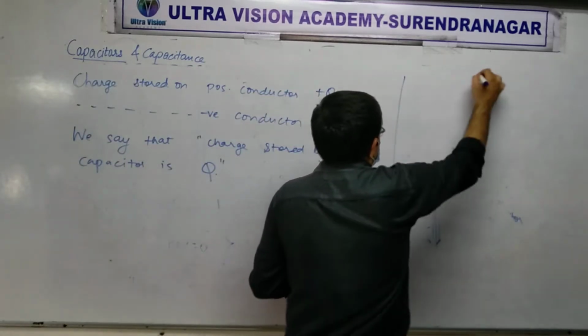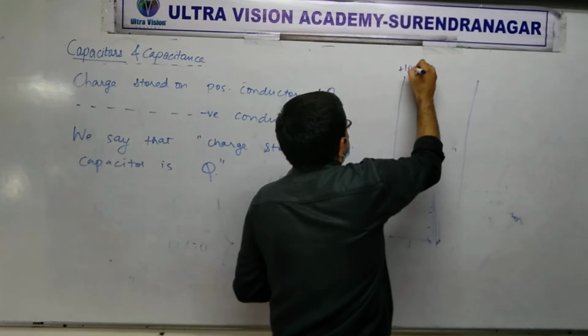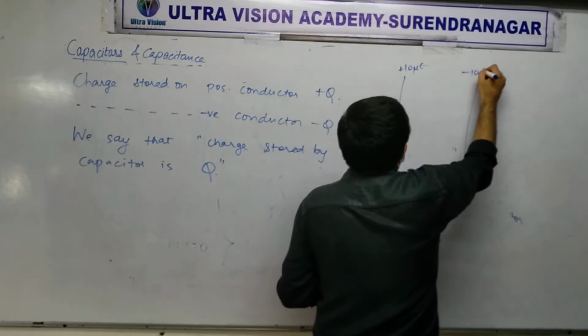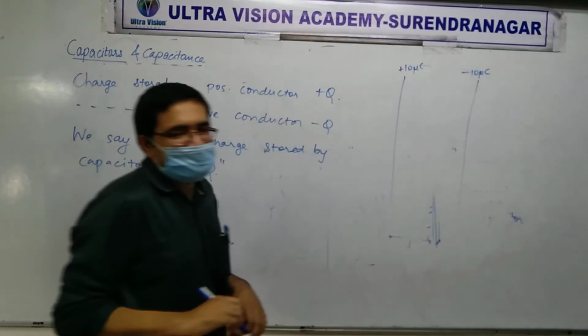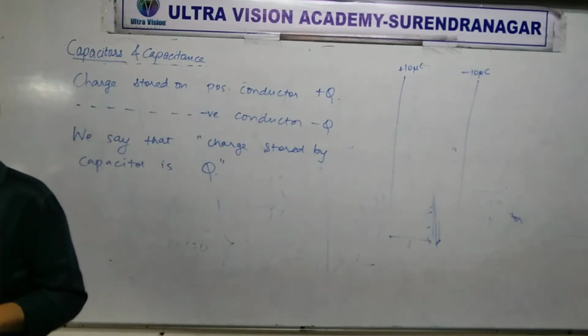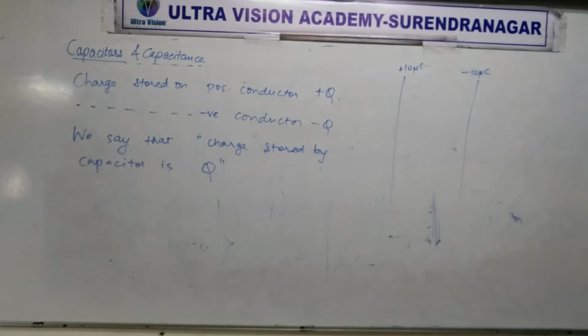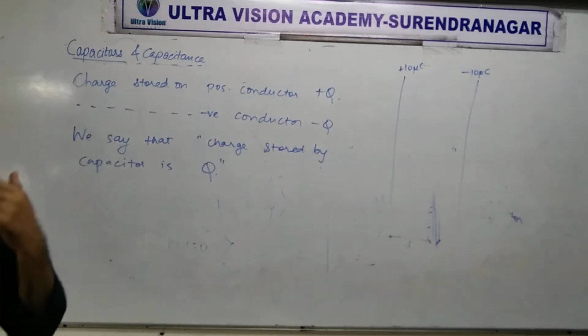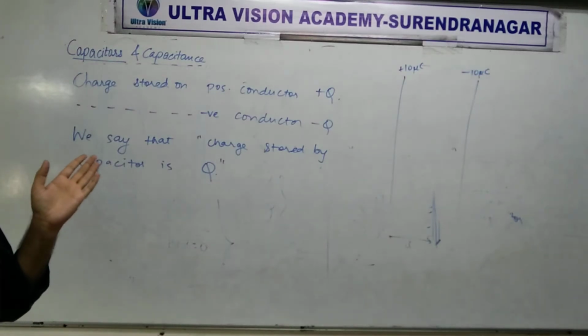Say this plate has a charge of 10 microcoulomb and the other plate has a charge of minus 10 microcoulomb. If someone asks you what the charge stored by the capacitor is, then we say how much? 10 microcoulomb.